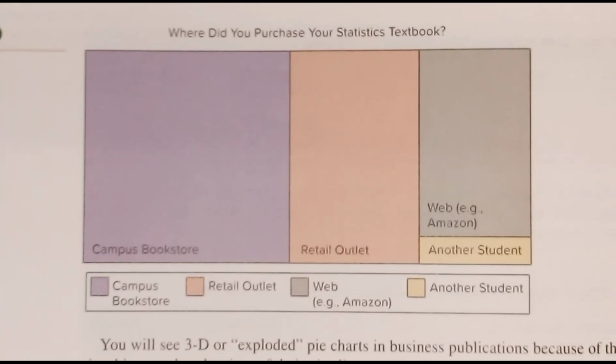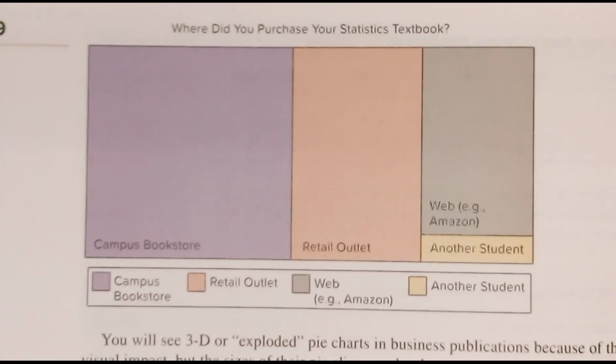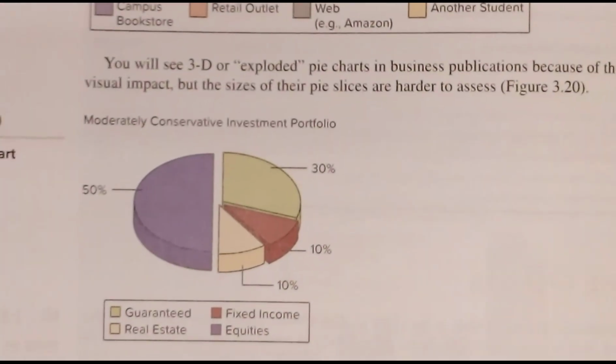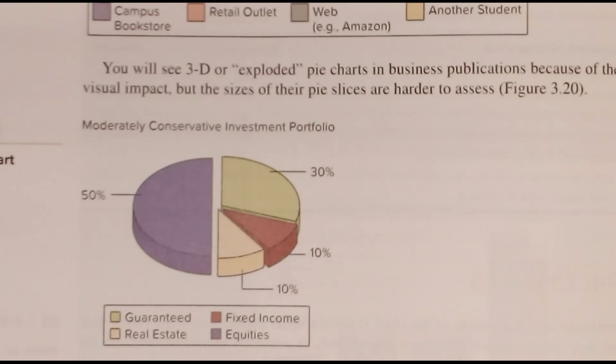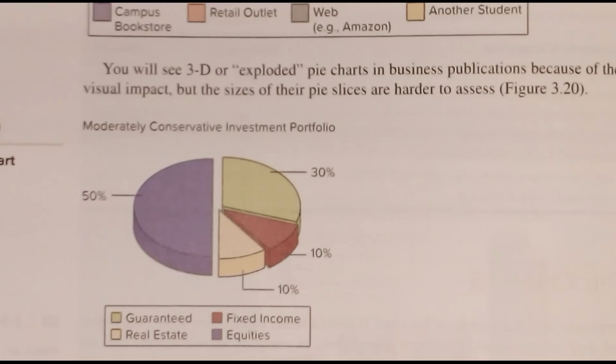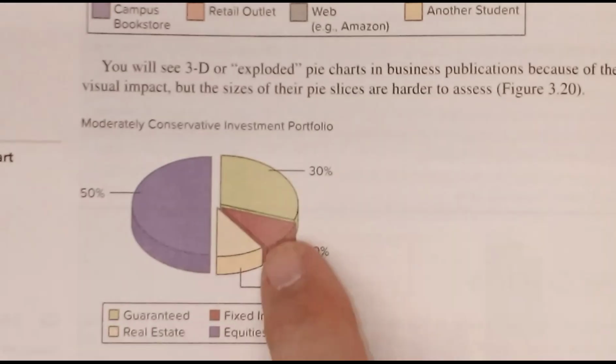Again, the relative area is the expression of size. A 3D version can be made. But again, I'm going to see issues as I start to create larger and larger pieces, more and more pieces of smaller and smaller size. And then the comparison becomes an issue.